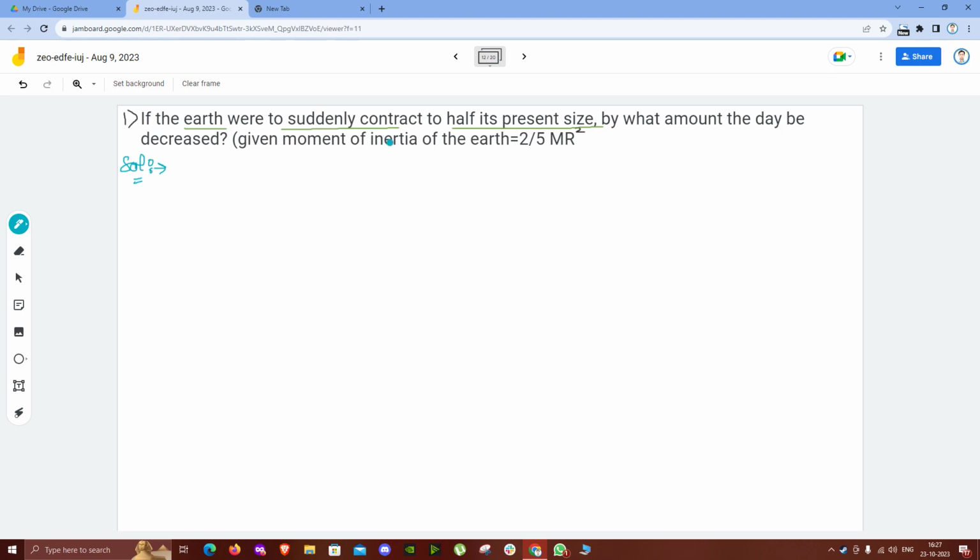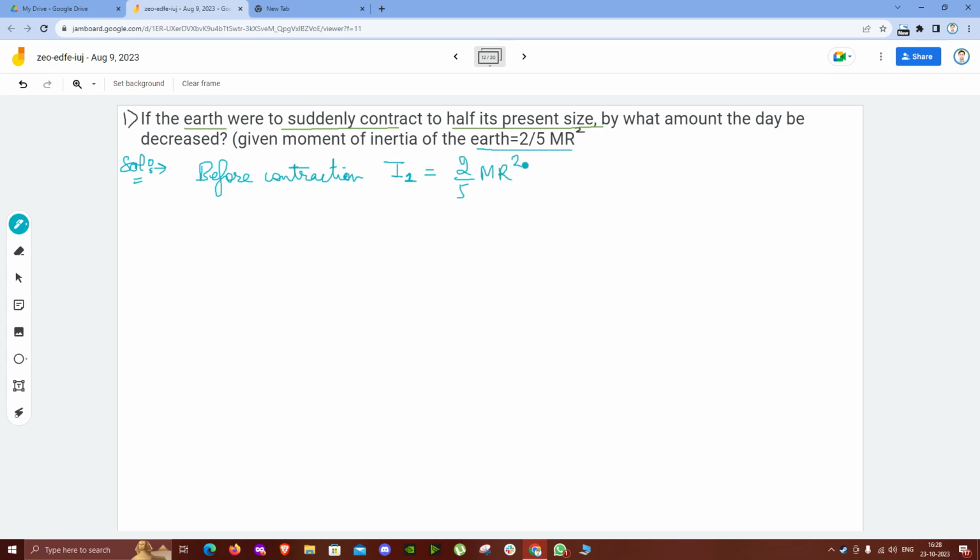Mass is the same, and we also know that Earth is a sphere, and for a sphere we have moment of inertia equal to 2 by 5 mr square. It's a solid sphere, not a hollow sphere, so for that it is 2/5 mr square. This is already given. So before contraction, let's keep I1 for the present moment of inertia. It will be 2 by 5 mr squared.